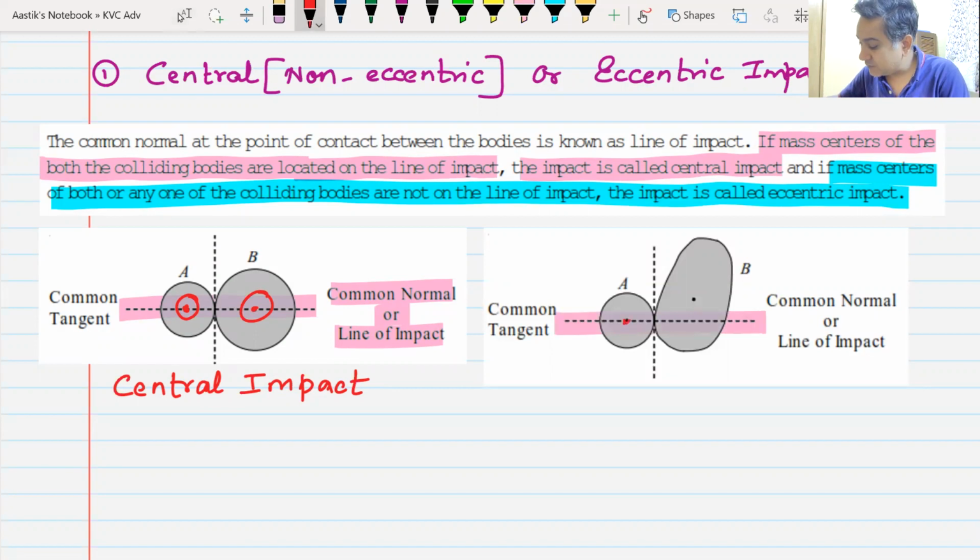One of the center of masses is lying on it, so this body will not rotate, but the other center of mass lies here, so this body can rotate. This is again an example of eccentric impact. Do we understand this? Yes, sir. But again, you must understand that this definition may have some flaws.